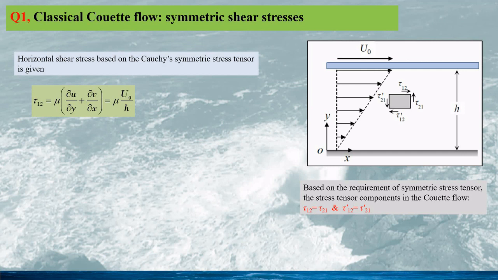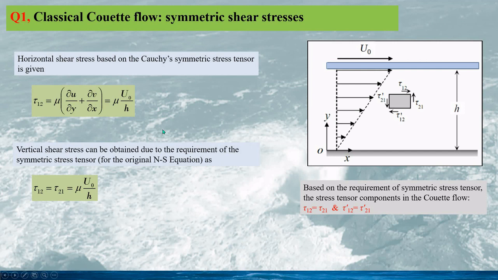This non-zero horizontal stress can be easily understood. It acts in x direction on the surface of a constant y, and it causes the horizontal flow. Based on the requirement of the symmetric stress tensor, tau21 equals tau12. Hence, in the Couette flow, the vertical shear stress component tau21 is given by this, same as tau12. Both are non-zero.